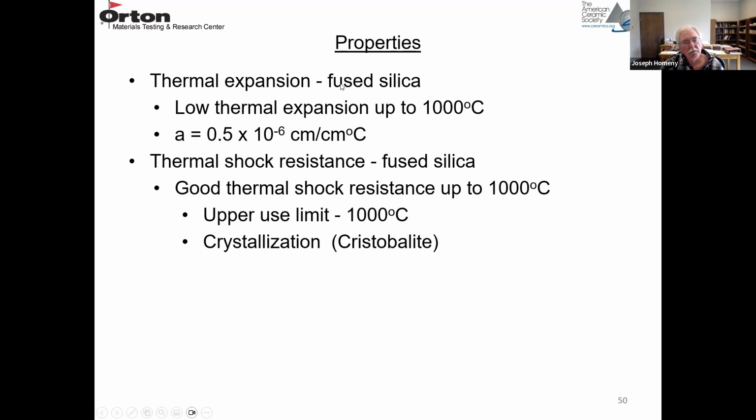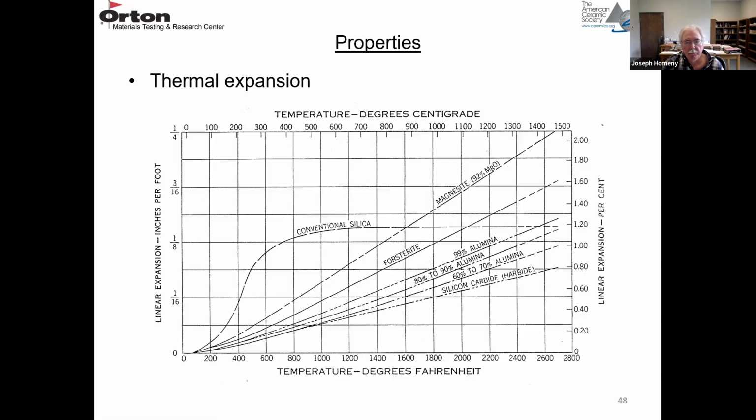So the fused silica I mentioned has low thermal expansion, 0.5 times 10 to the minus 6 centimeters per centimeter degree C. That's really low. MgO, I showed MgO on this diagram. It's way up here.